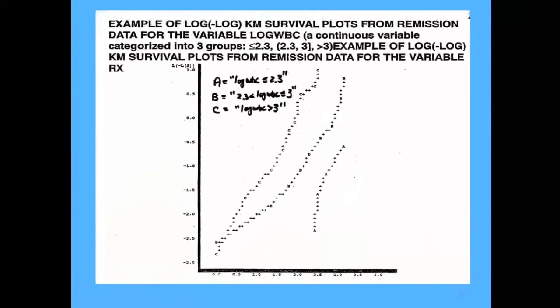I showed you some log-log curves. For the remission time example, what I showed you first was what would happen if you looked at each one of these variables, treatment type, log white blood cell count, and sex, separately to see whether they separately satisfy the proportional hazard assumption by looking at log-log curves.